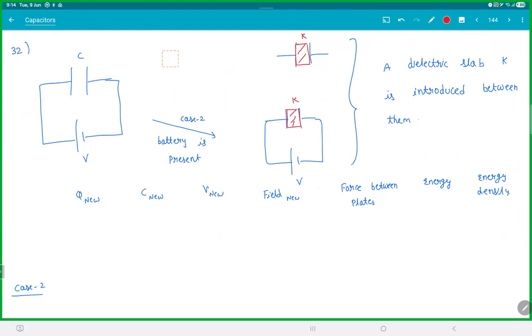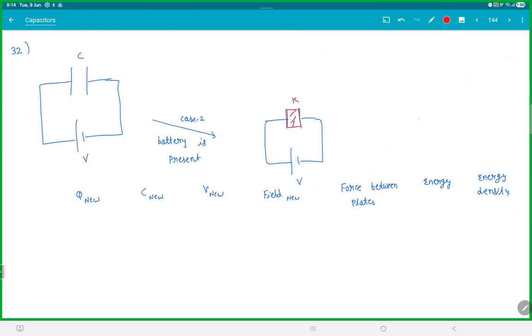I'll give you a minute. Same story, but this time there's a battery present. So if we keep the battery, voltage remains same.